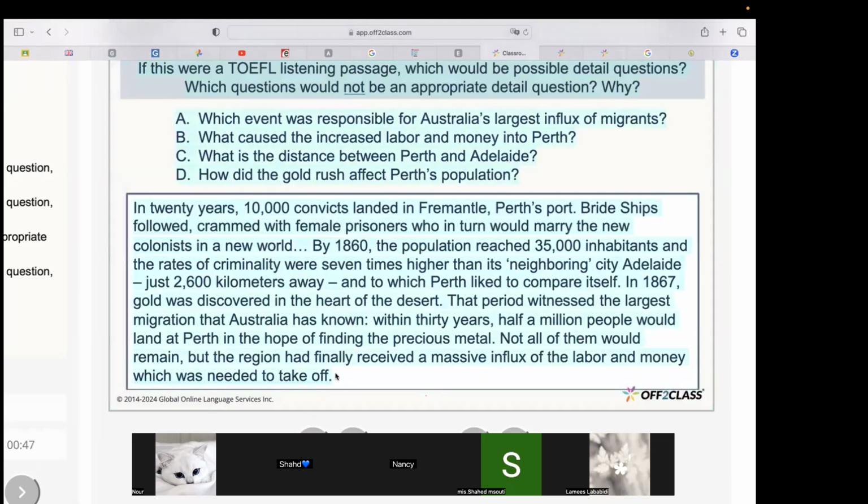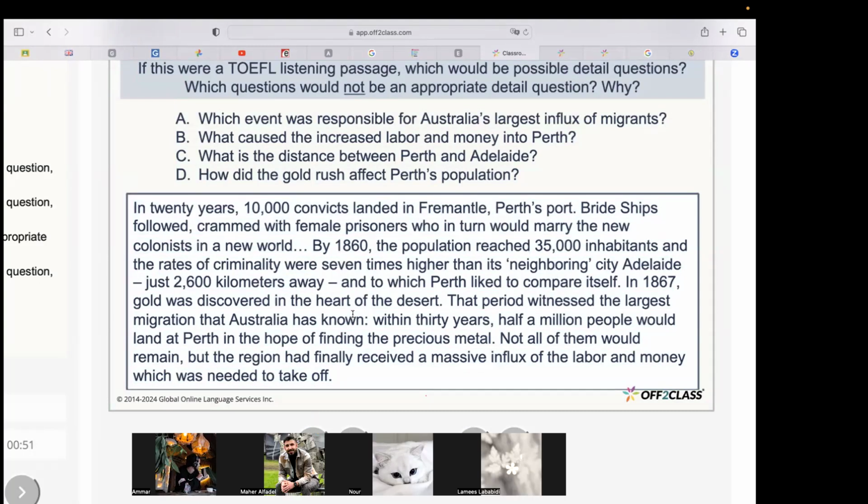In 20 years, 10,000 convicts I want to read. landed Where in shall I start? fermental bread Court, bright ships, followed, crammed with female prisoners who in turn would marry the new colonists in New World.